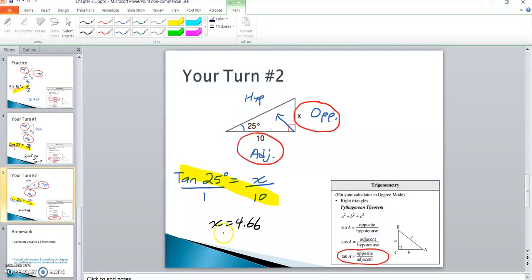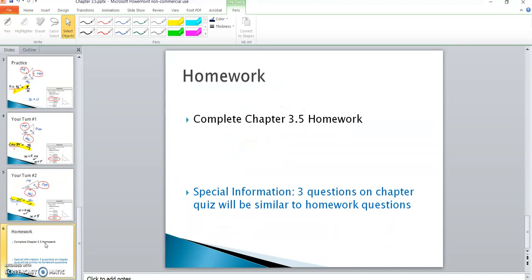Now, I would accept x equals 4.66 or x equals 5, because 4.66 is closer to 5 than it is 4.